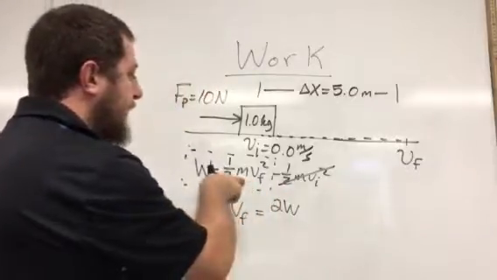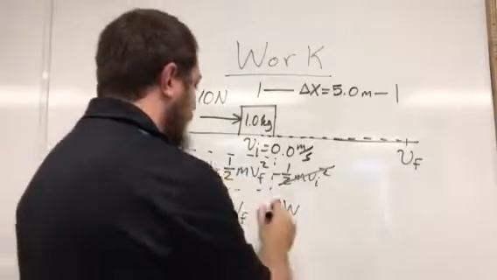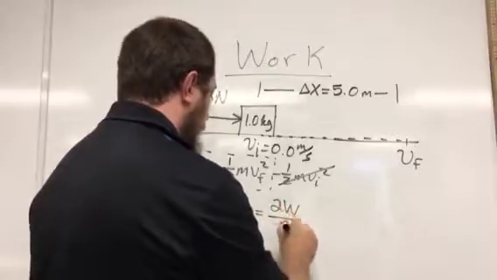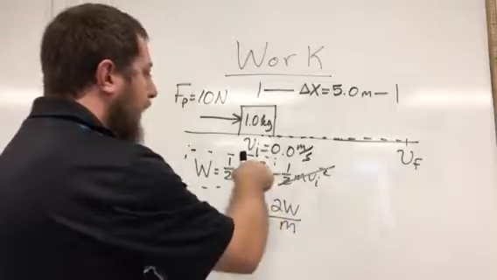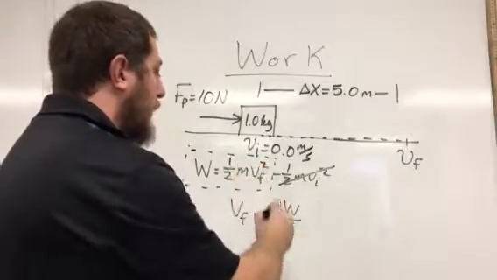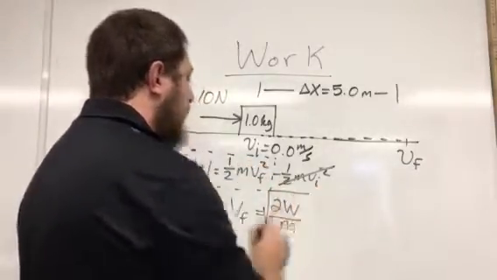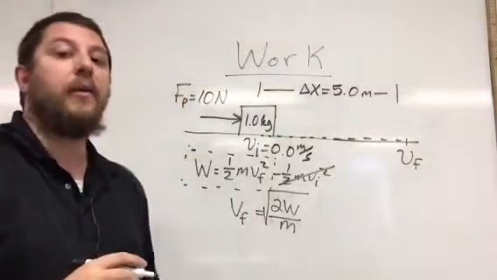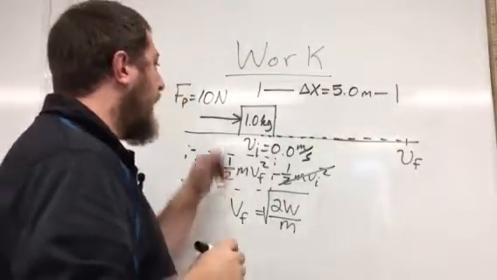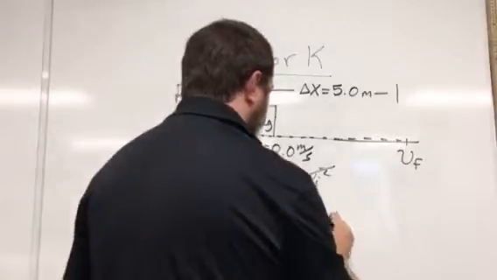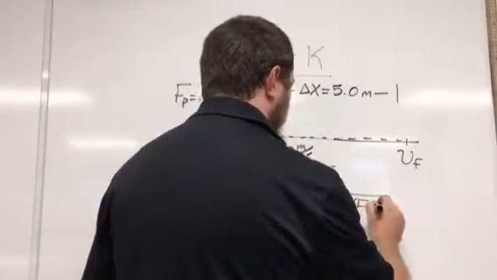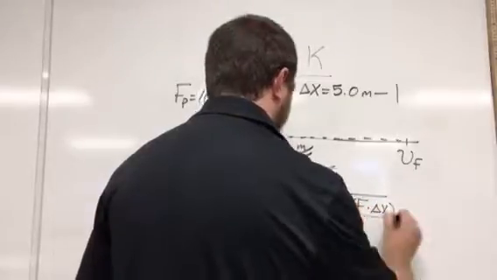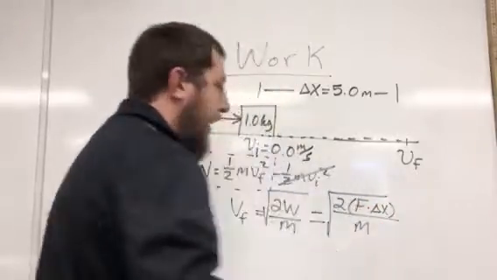Then I need to divide this side by m. 2 times my work divided by my mass, and then I need to undo my square here, so this is going to be the square root of 2 times my work divided by my mass. And my work is just my force times my displacement, which is divided then by my mass.